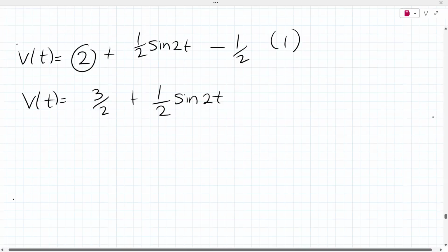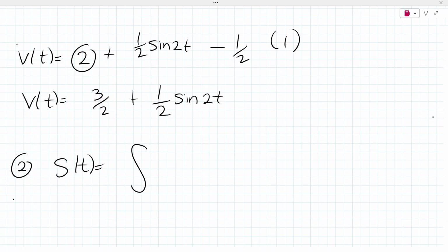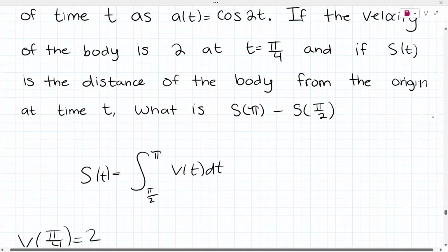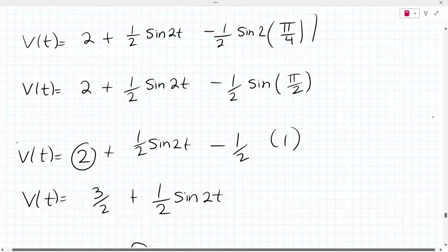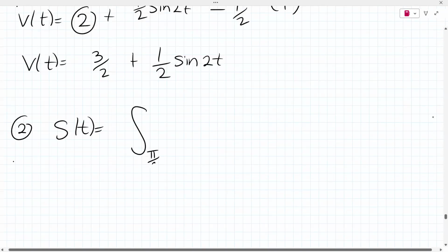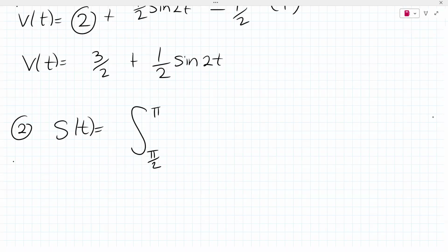So step 2, find s of t. So s of t is, we're going to set up from pi over 2 to pi, and then it's just the integration of v of t, which is this.